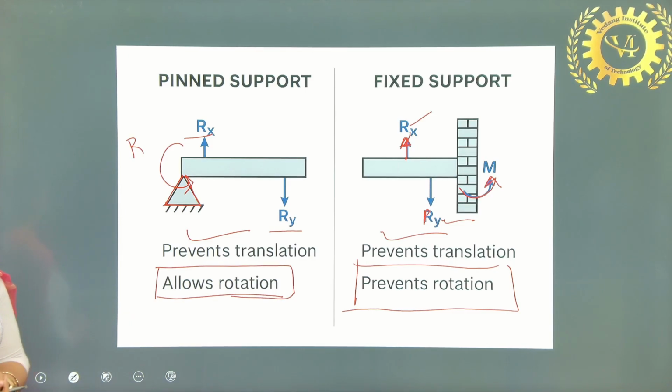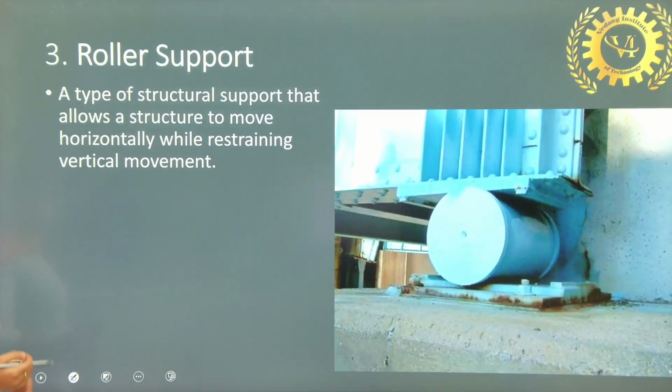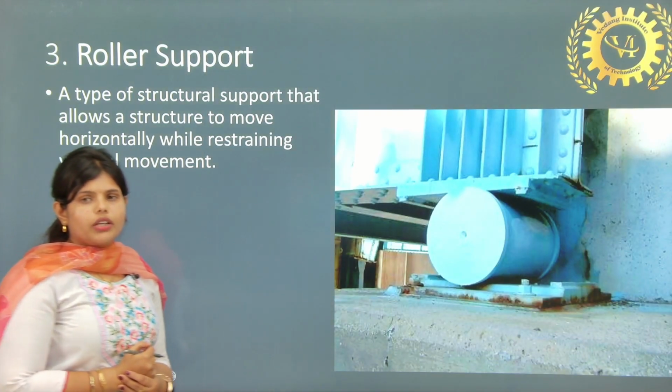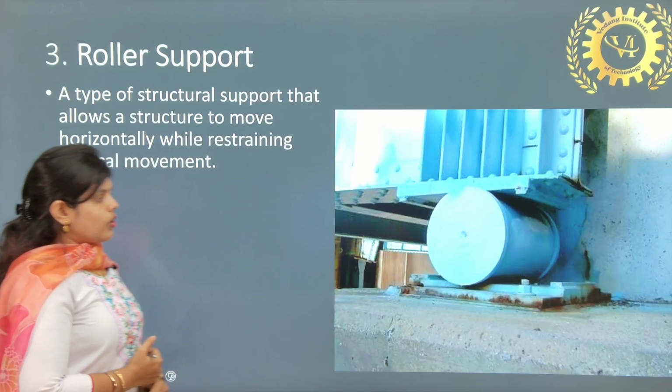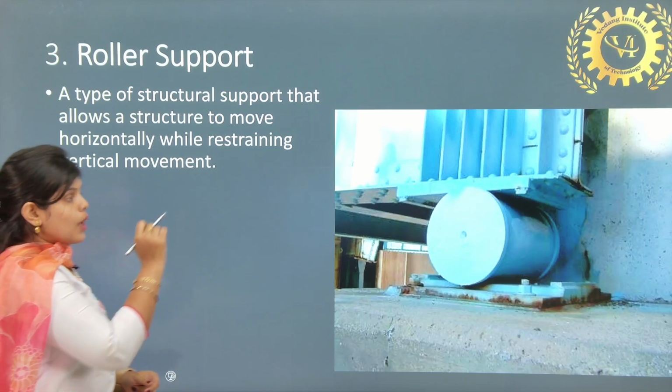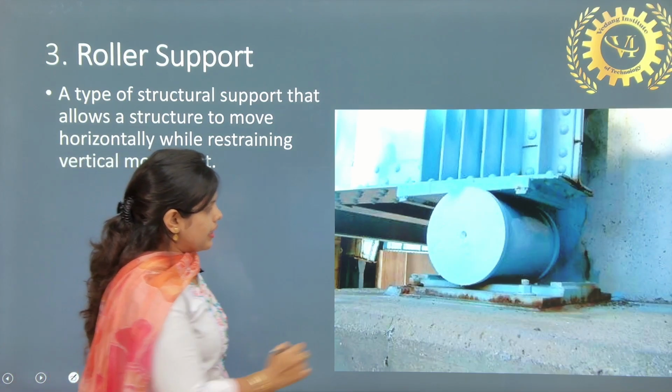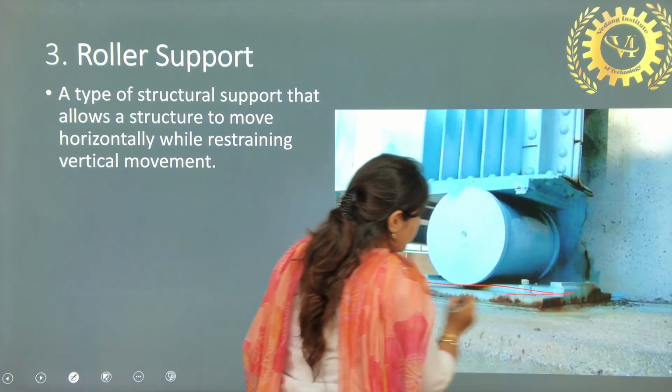Next we will go for the roller support. So what does roller support do? It prevents movement in the vertical direction. You can see here it is a roller.